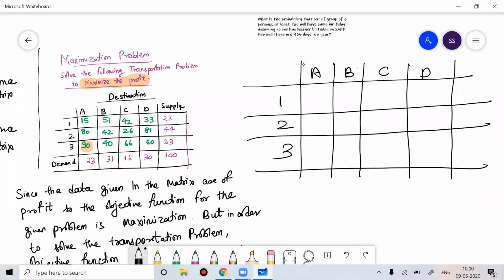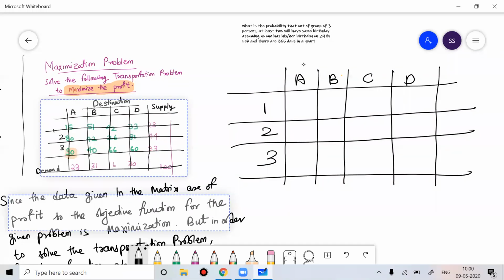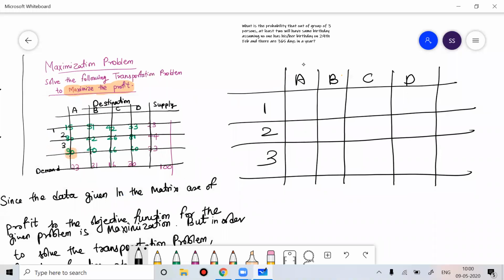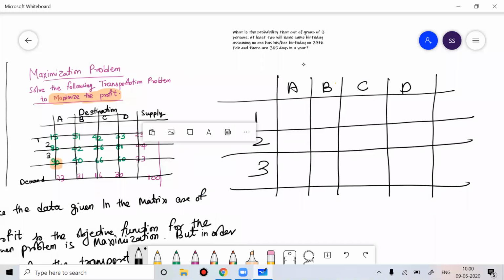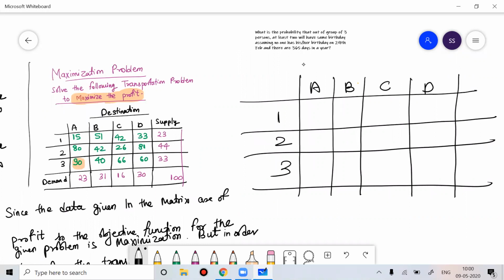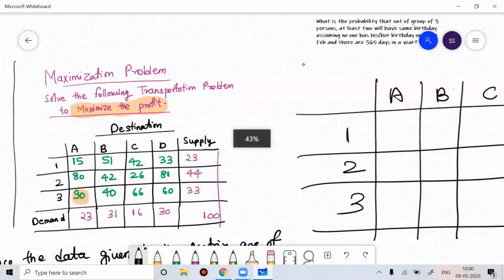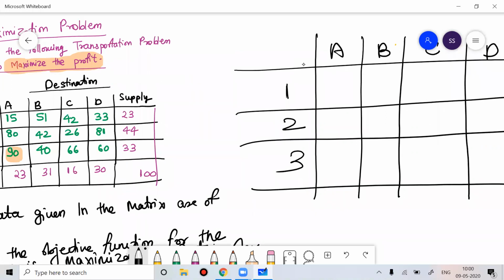Now what is the highest element? The highest element is 90. Everyone can see that the highest element is 90.